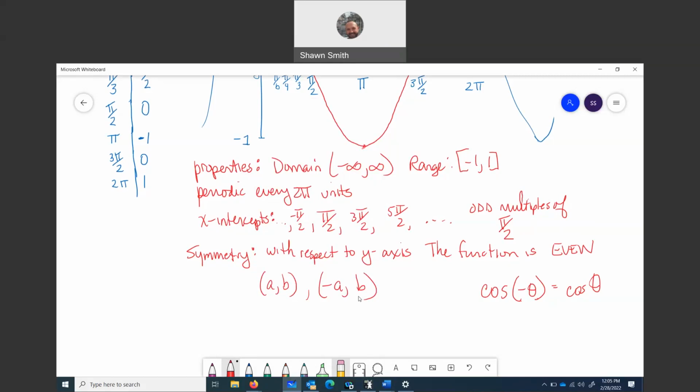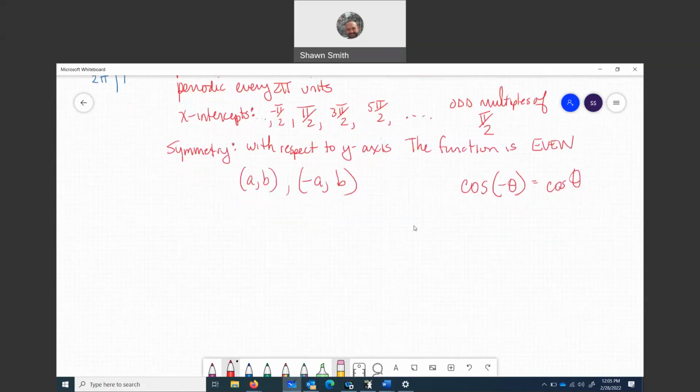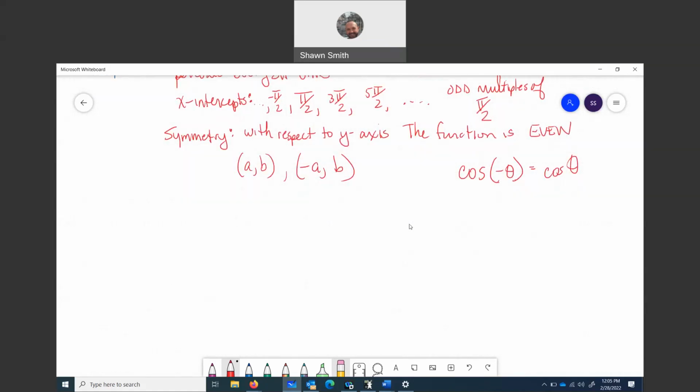All right, what if I change it up? Make it a little bit more complicated than just sine x or cosine x. Let's put some numbers, some coefficients in front of that trig function. So if I have, let's do the sine, say f of x is equal to, let's say 3 times the sine of x. What does this do?